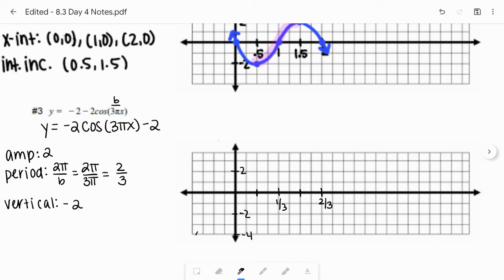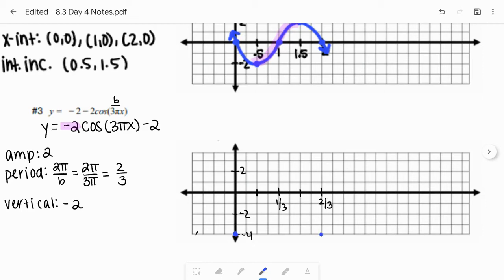All right. So I also know that since we have this negative 2, I'm going to be reflecting over the x-axis. So my first point for cosine is usually at my maximum. However, since we're reflecting, it's going to be at the minimum. So my first point is going to be at (0, negative 4). I also know for a cosine graph, we start and end at our maximum, in this case, the minimum.